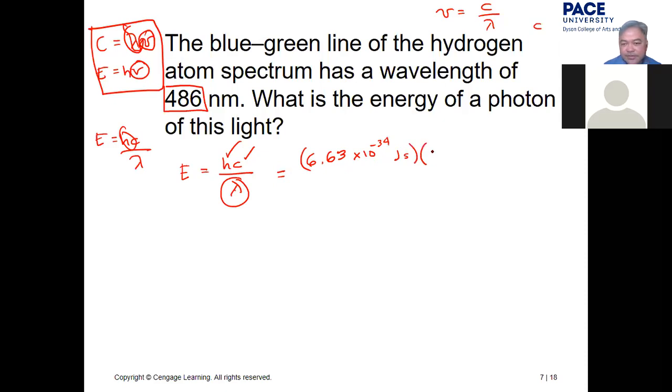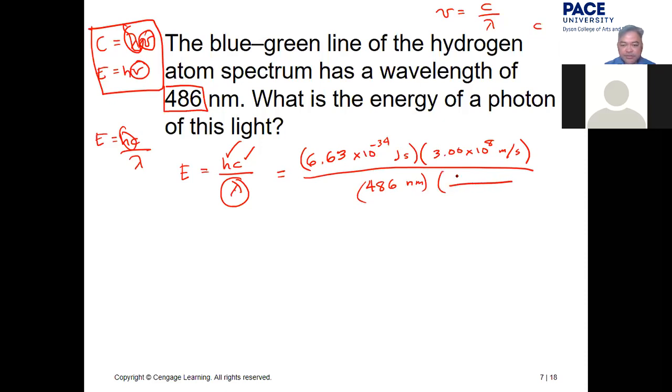And then 3.00 times 10 to the 8 meters per second, divided by 486 nanometers, which you need to convert: for every 1 meter, 1 times 10 to the 9 nanometers.